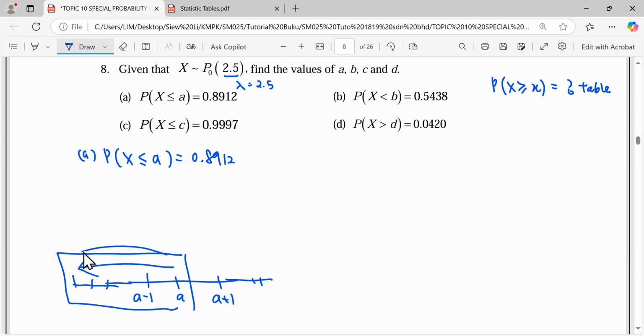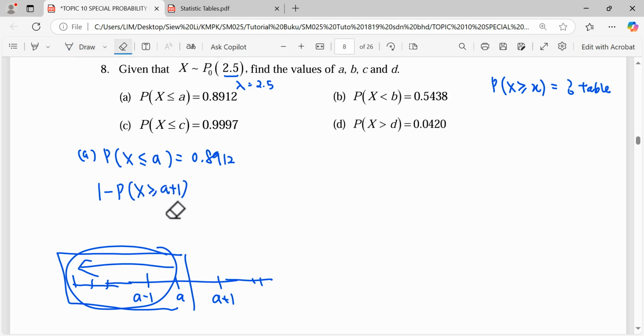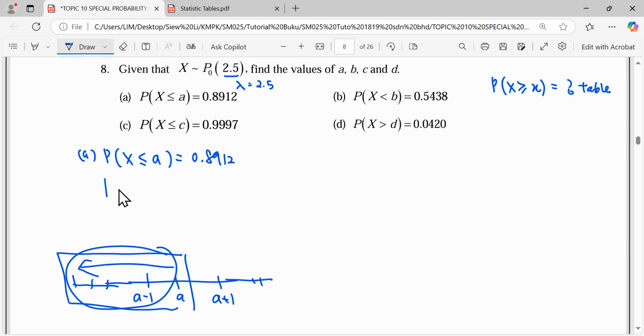Therefore, in order to get this region as 0.8912, we take the overall probability, which is 1, minus P(X ≥ a+1). So the total probability minus the right part P(X ≥ a+1) gives 0.8912.